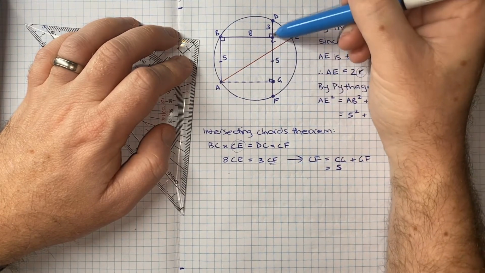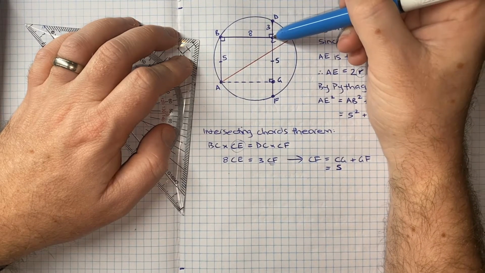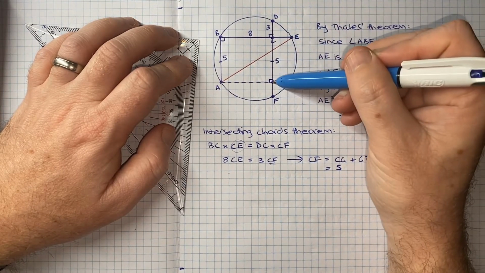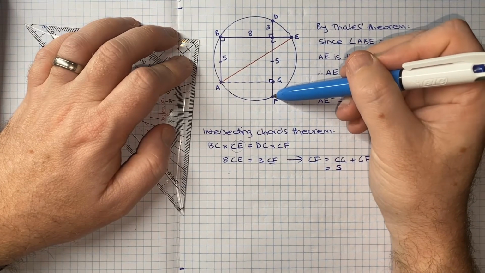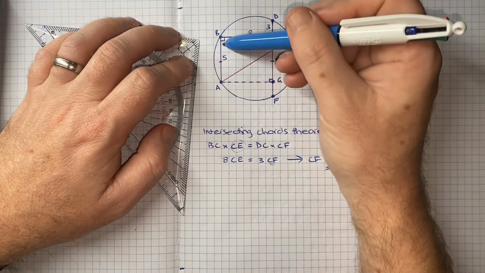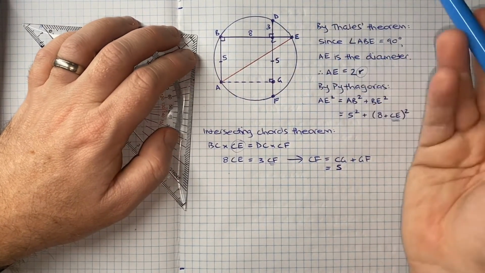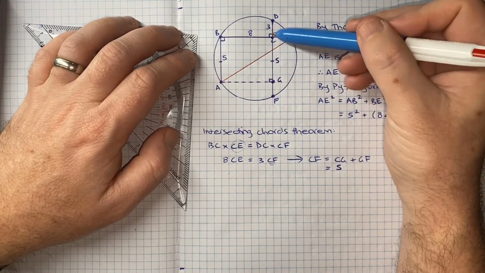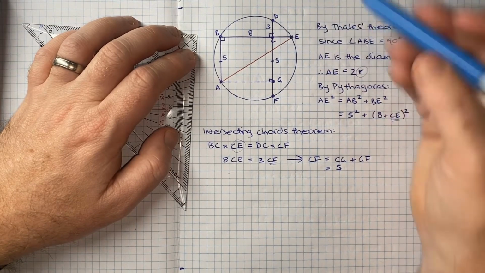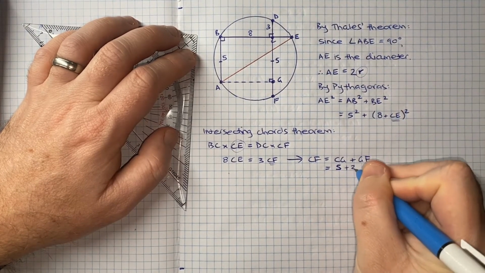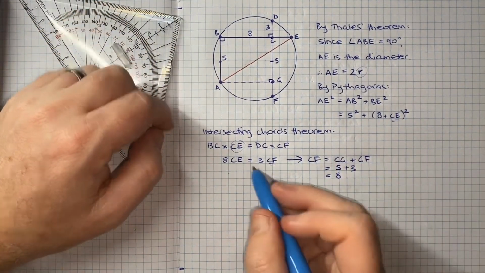And so the distance from C up to D, up to the edge of the circle, must be the same as the distance from G down to F, the distance to get from this point to the edge of the circle, because this vertical line has just been shifted across. So by symmetry, DC and GF are the same, and so if DC is 3, then GF must be 3. And so we get CF being 8, and so now we can plug that in.